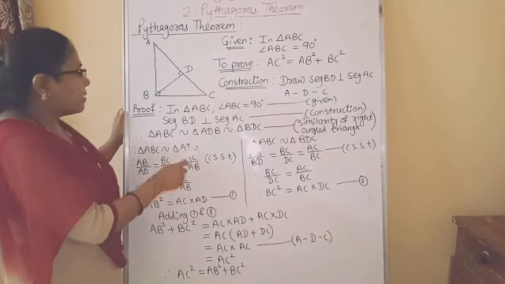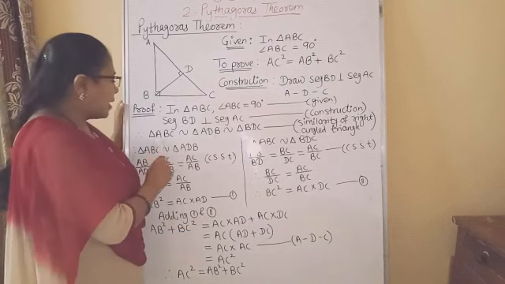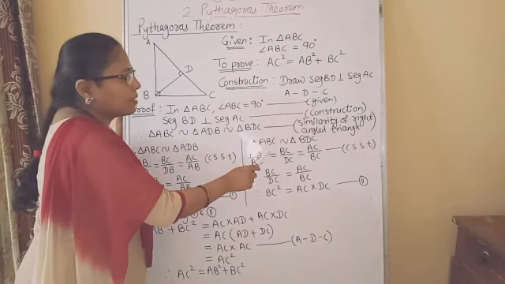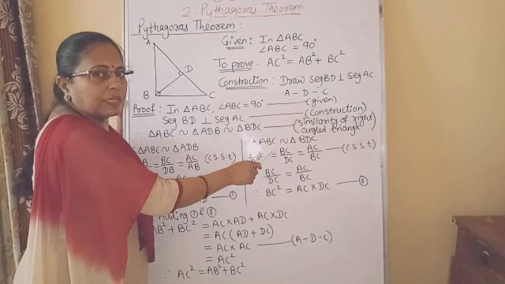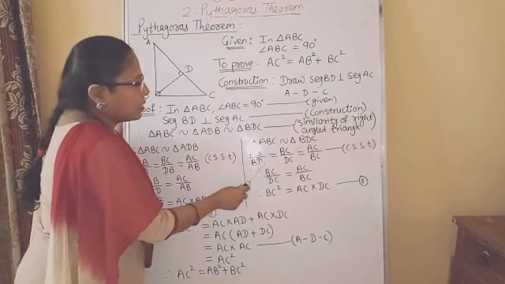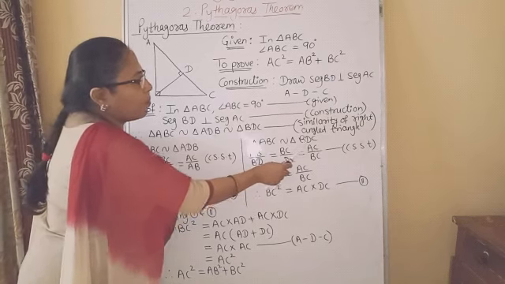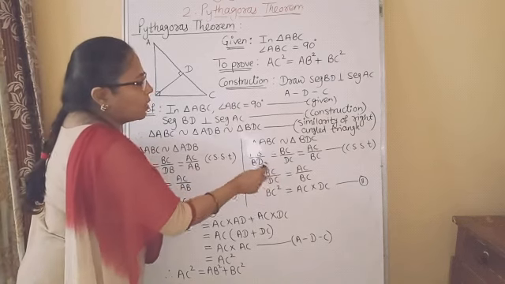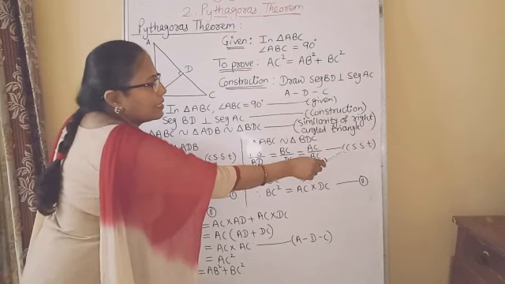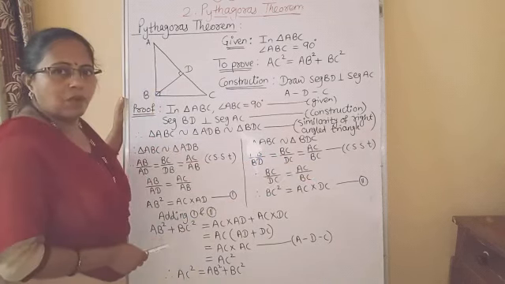Okay. Now we will take next pair, triangle ABC similar to triangle BDC. So again, corresponding sides are in proportion. AB upon BD equal to BC upon DC equal to AC upon BC. Reason is CSST. Okay.